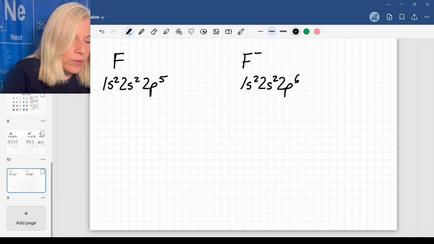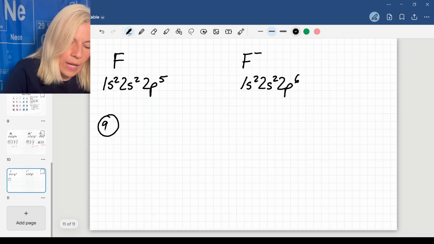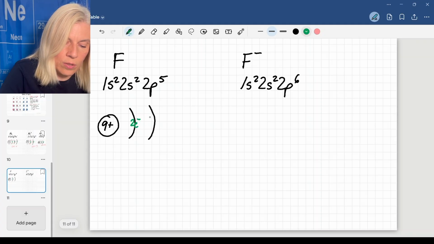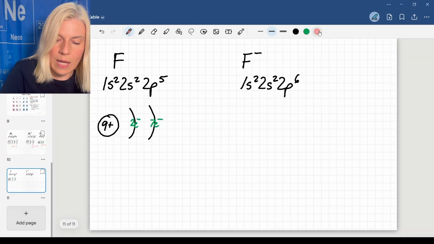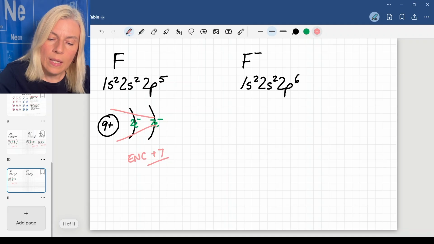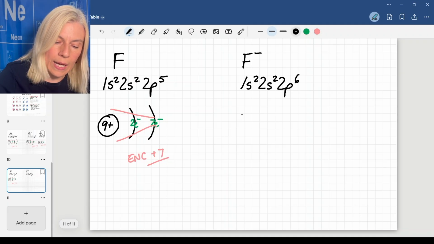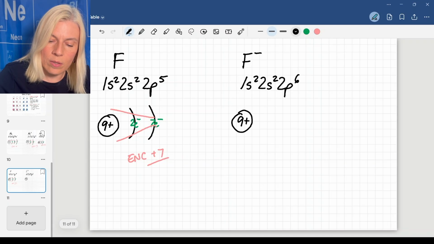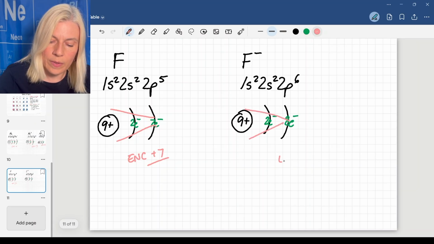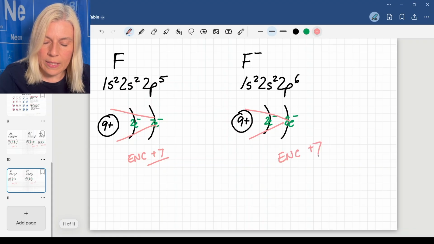Okay, fluorine: 9 protons, 2 energy layers, and 2 electrons, 7 electrons, looking in, the last ones looking in, E and C is +7. This is exactly what we would expect. And then fluoride ion, again 9 protons, 2 energy layers, we have 2 electrons, and now 8 electrons on the outermost, last electrons looking in, E and C is also +7.